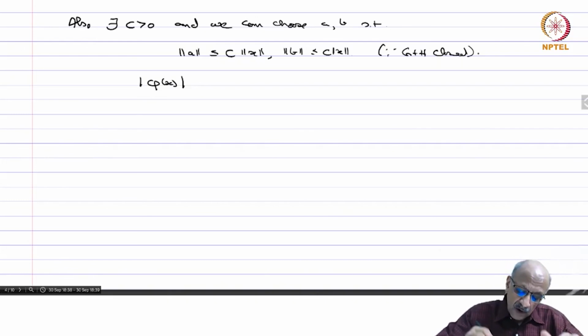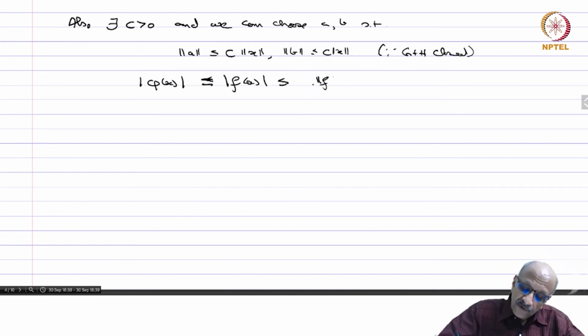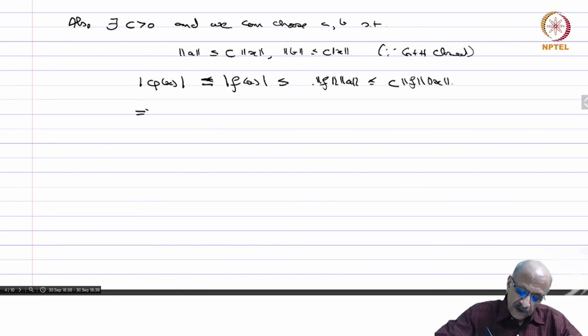So mod phi of x is less than or equal to mod f of a, which is less than or equal to C times norm f times norm a, which is less than or equal to C times norm f norm x, and therefore phi is a continuous linear functional on G plus H.